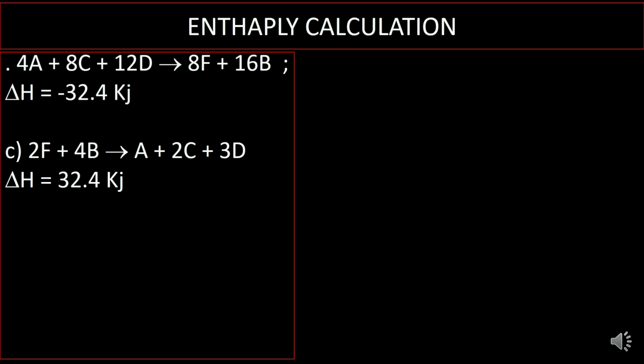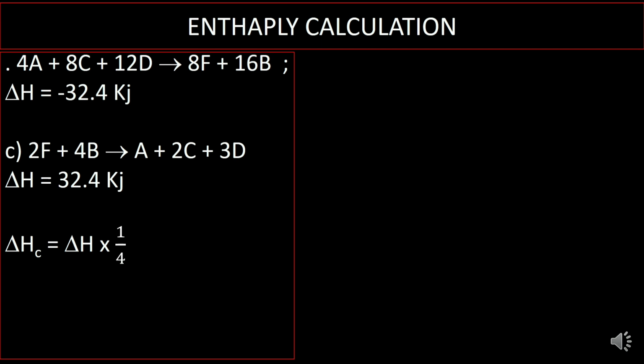Since the one for the general expression is minus 32.4 kJ, the one for the reverse of the general expression is 32.4 kJ. Now, if you multiply the reverse of the general expression by 1 over 4, we are going to have the expression in question C.